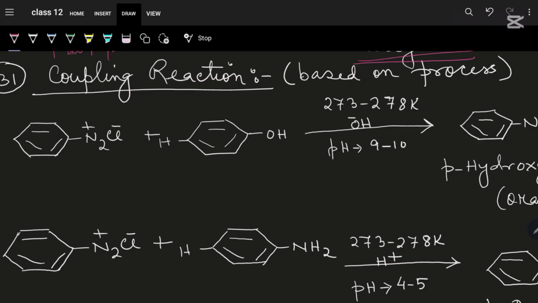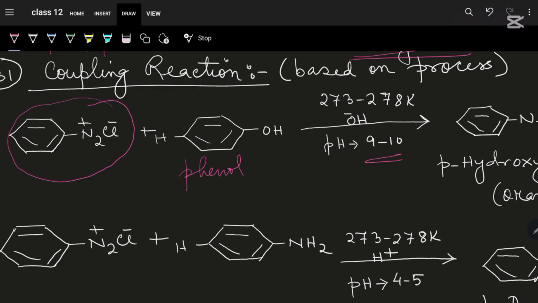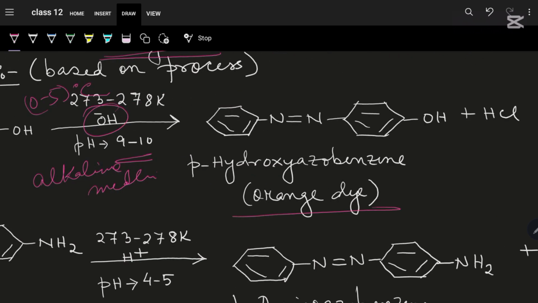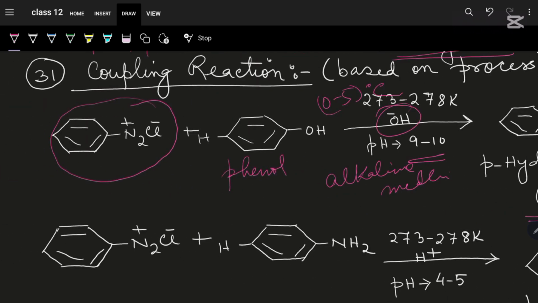So once you do diazotization and you get benzene diazonium halide, it can react with phenol in an alkaline medium. This medium is alkaline, 0 to 5 degrees Celsius, using alkaline medium. If you do this, then you are going to get a dye which is an orange dye, and this is the structure.